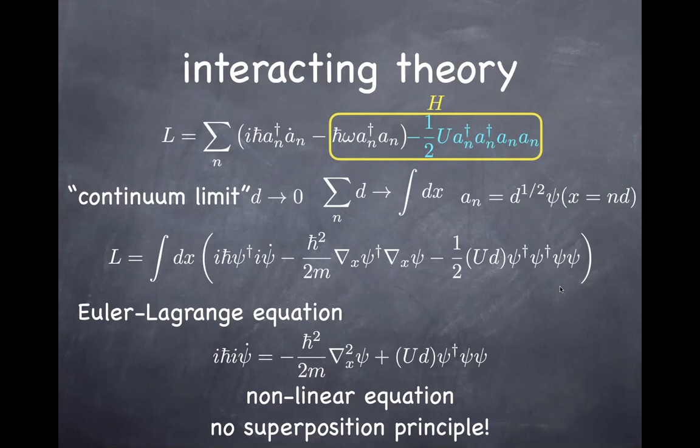I'm just confused about this U D factor. I thought if D is going to 0 and U is some positive constant, then why doesn't that term just vanish? Because we're taking this continuum limit, the idea that it costs you energy U when two particles come together becomes ill-defined in continuum space, because it basically becomes a delta function. And a delta function has a normalization such that when you integrate over the space, you get 1.